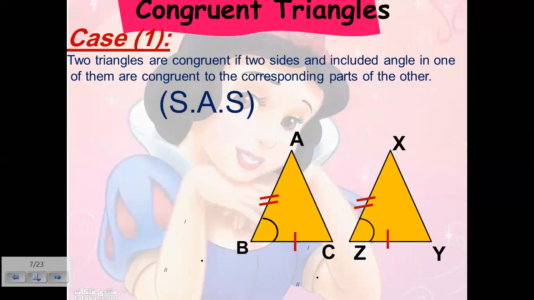Two triangles are congruent if two sides and the included angle in one of them are congruent to the corresponding parts of the other. This case is side angle side.